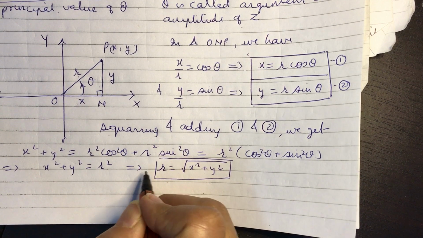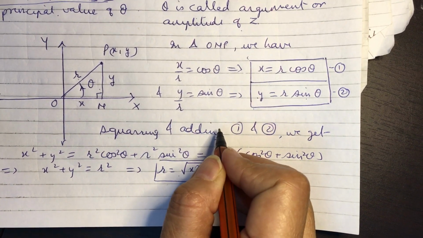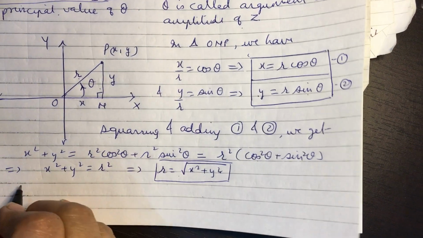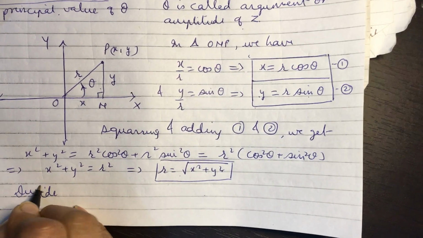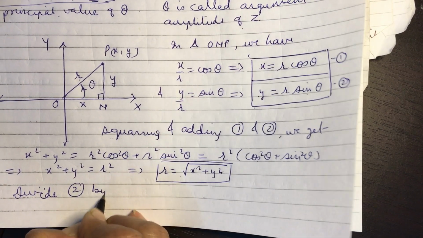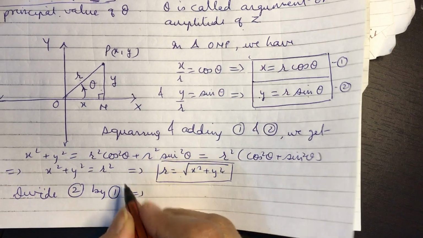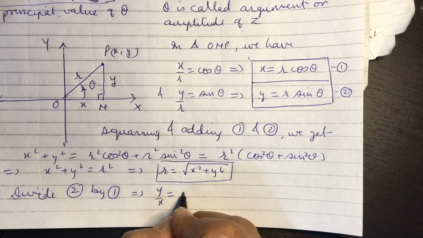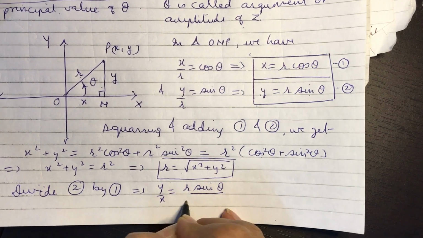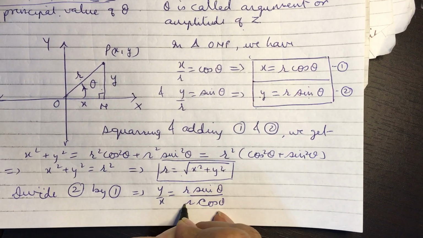Now to find the argument theta, we divide 2 by 1, and we get y upon x equal to r sin theta over r cos theta.